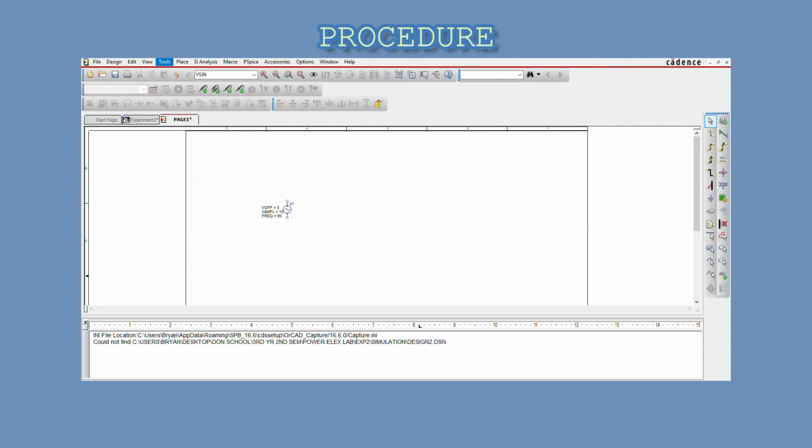Now let us place a resistor on the circuit. The resistor should have a resistance of 5 ohms. Let us add the ground. And connect the circuit by using the wire.